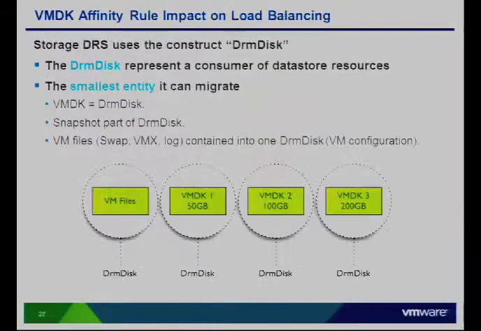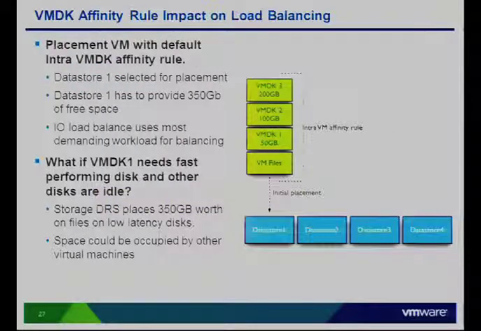Can I add something? Sure. So when you take a look at this diagram, you actually see that this virtual machine uses multiple disks. Now, it can be that disk 1, and I assume it's always the OS disk.